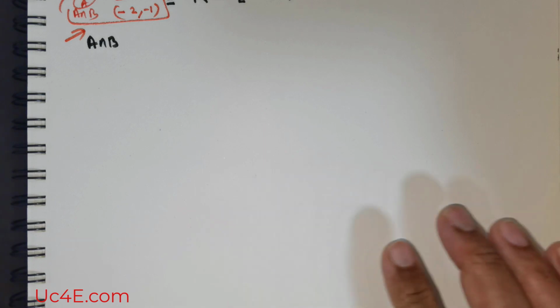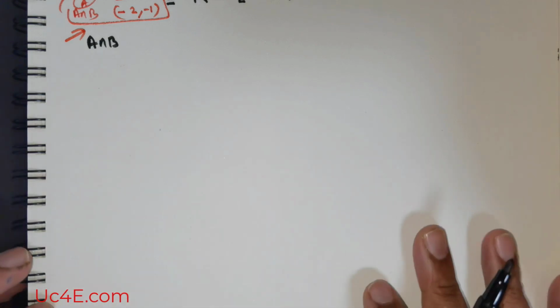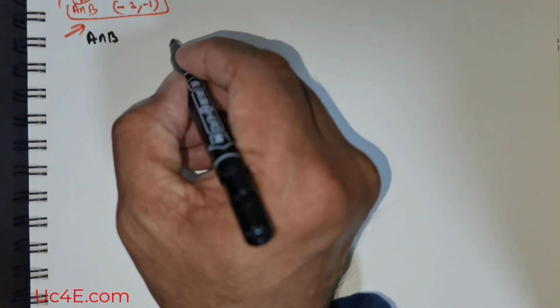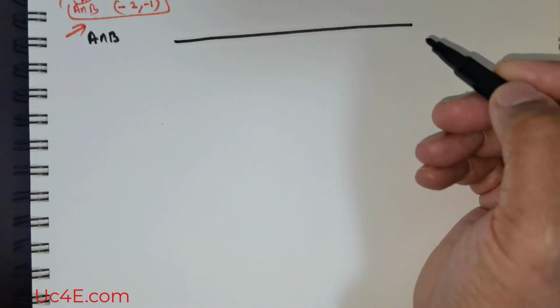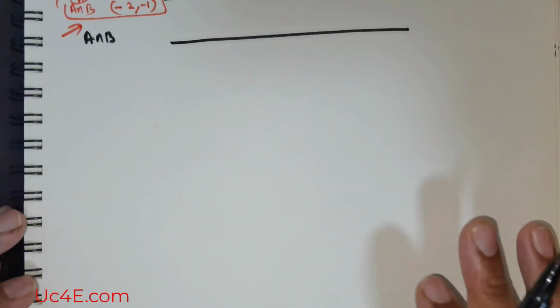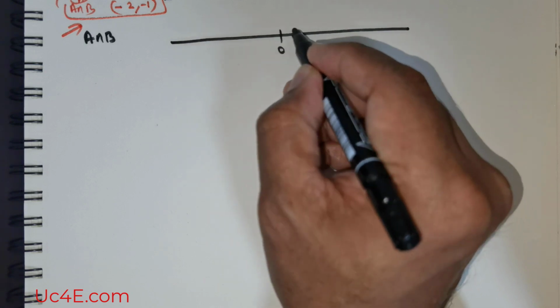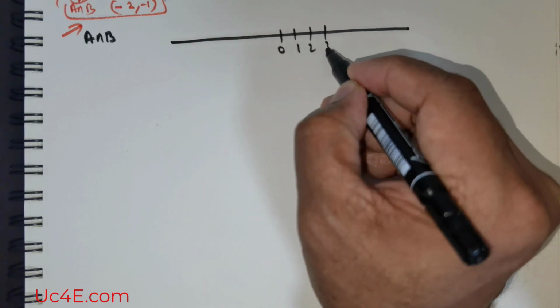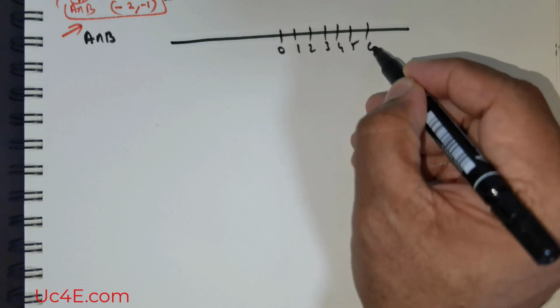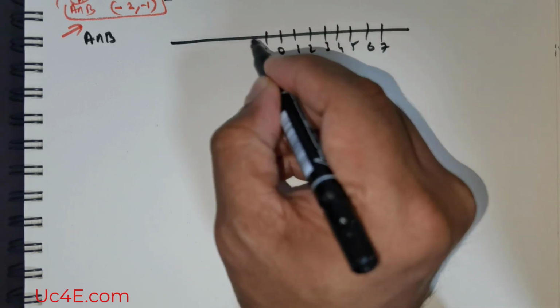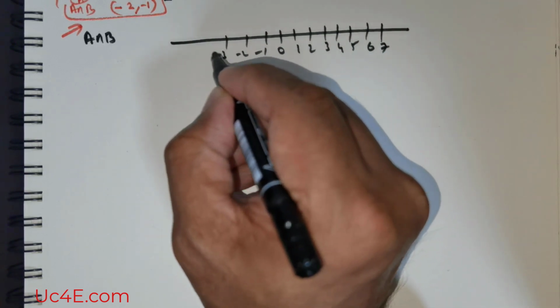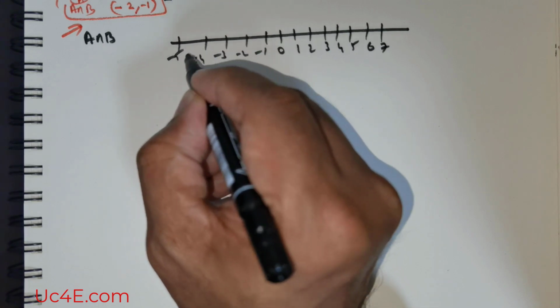Now for that, we have to use the number line. So let me draw the number line. I'm going to first plot the points 0, 1, 2, 3, 4, 5, 6, 7, negative 1, negative 2, negative 3, negative 4, negative 5.